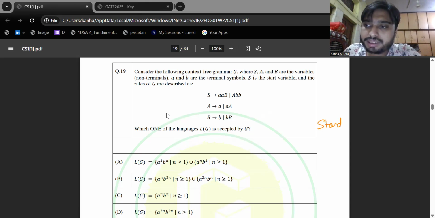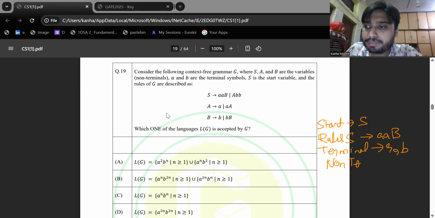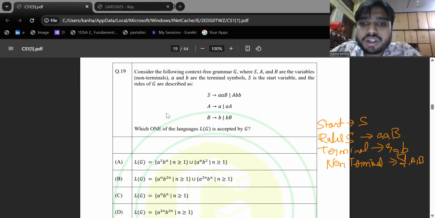So the start symbol is basically the S. Some rules, like this, S implies AB. Terminal variables are actual letters like a, comma, b. And non-terminal variables are basically the symbols like a capital S, capital A, capital B, etc. Once you know this much, let me erase that.